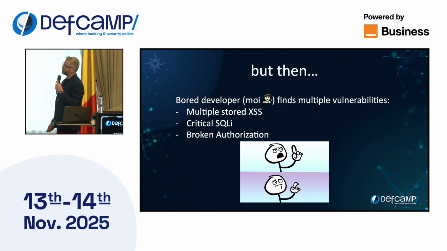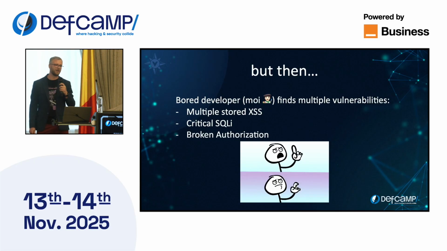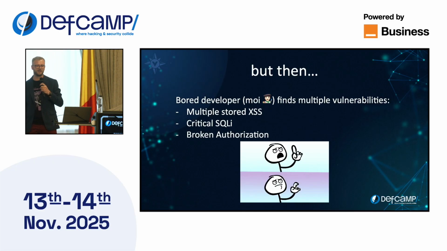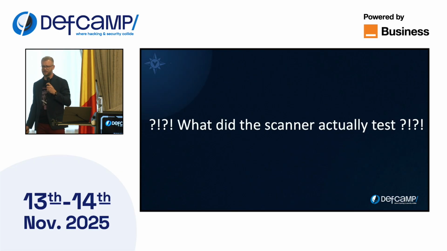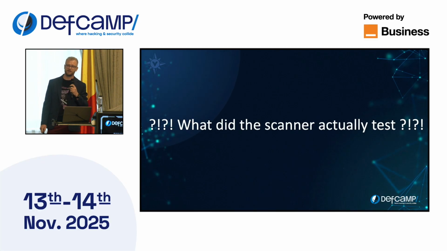But then, actually, there may be a bored developer, like I was a few years back, who has found multiple vulnerabilities manually. So I knew for a fact that there are HTML injection, cross-site scripting vulnerabilities, some critical SQL injection vulnerabilities I managed to exploit previously, and broken authorization everywhere, right? So the question arises, what did the scanner actually test, right?